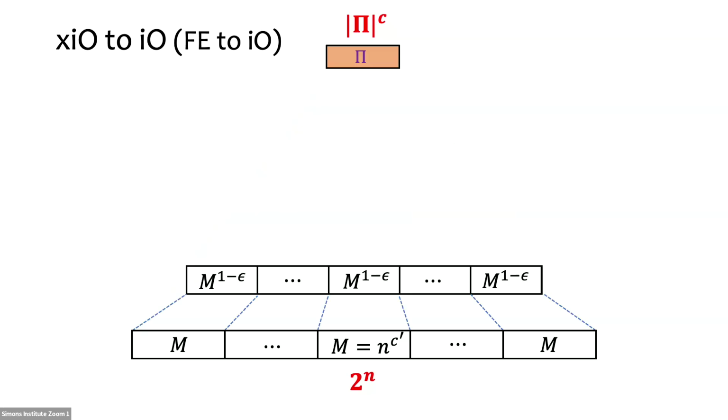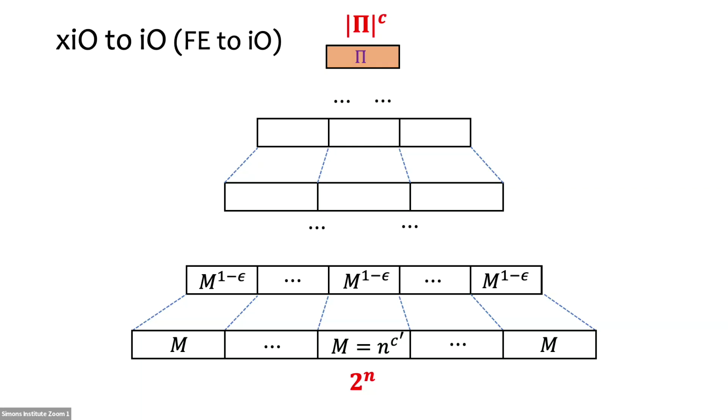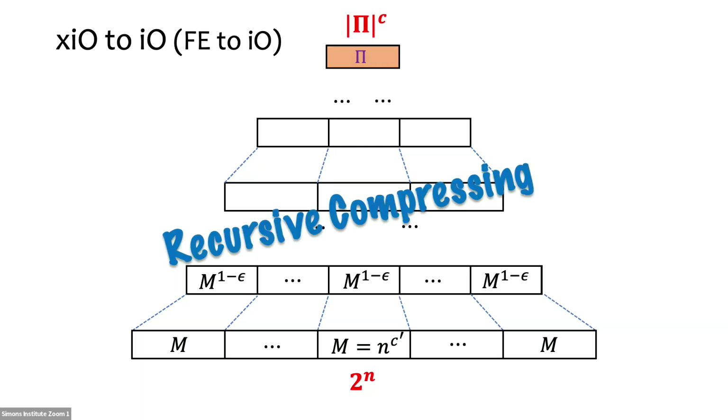And by applying XIO, we can compress these tiny truth tables into slightly smaller ones, say m to the 1 minus epsilon. Of course, this is just very little compression, but the good news is that I don't have to stop there. By just applying this compression recursively, we will be able to eventually reach a polynomial-sized encoding, and that is the true IO obfuscation.